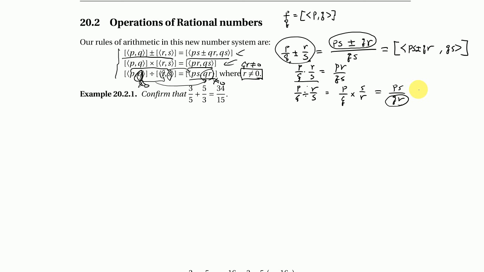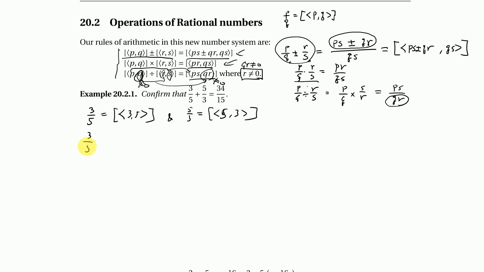Okay, so let's just try to calculate it. So what is 3 over 5? I will represent it as this equivalence class (3, 5), right? And 5 over 3 is representing (5, 3).